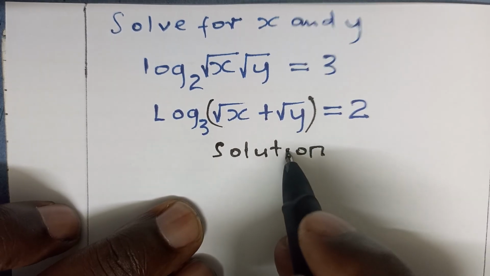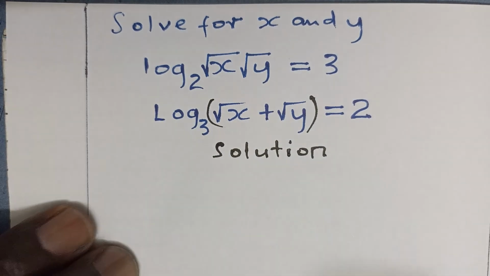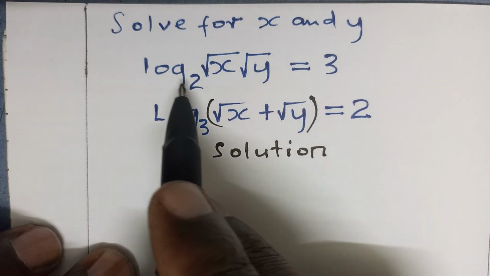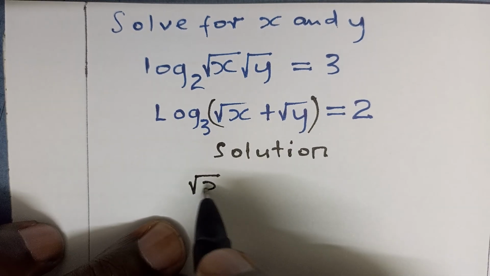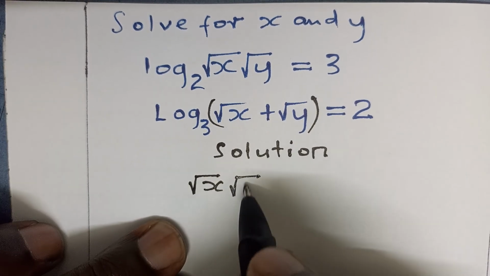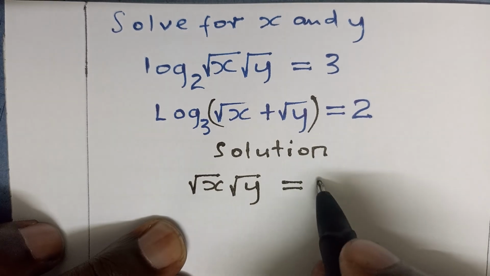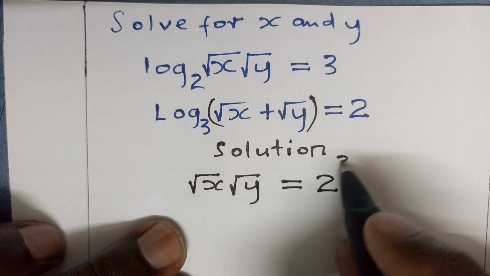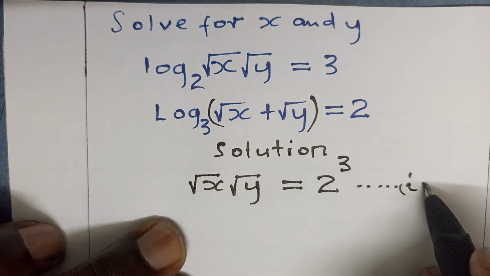So guys, the first thing, I'm going to turn this log equation into indices. For the first one, this is now going to be square root of x, square root of y, which gives us 2 raised to 3. We can call that equation 1.